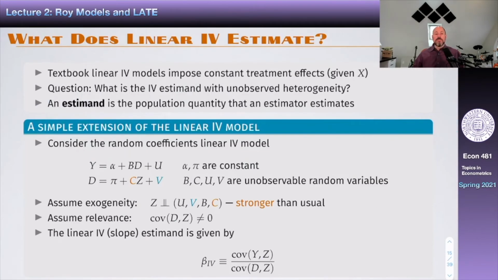So LATE comes from, I'm going to say always, a sort of reverse engineer question, which is, what does linear IV estimate in general? If you just grab a textbook example or an introductory course, the linear IV model will just estimate the coefficient in a regression where there are endogenous variables.